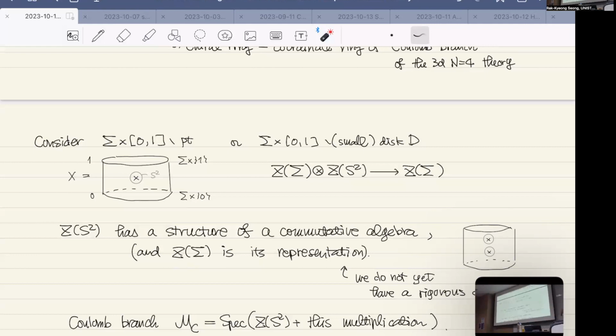At least heuristically. Moreover, this is commutative, because we compose from bottom to up, but this is three-dimensional, so you can move freely in the horizontal direction. You can switch the order by a smooth path. So this multiplication should be commutative.